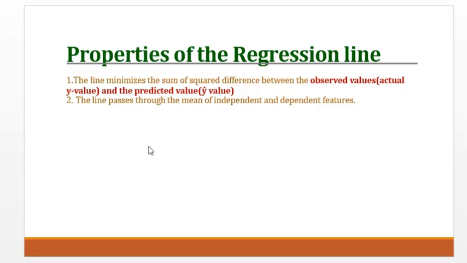Moving on to the properties of the regression line. The line minimizes the sum of the squared differences between observed values and the predicted values. Secondly, the line passes through the mean of both the independent and dependent features in order to make an accurate prediction.